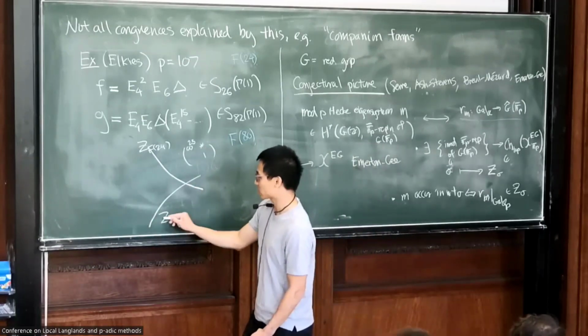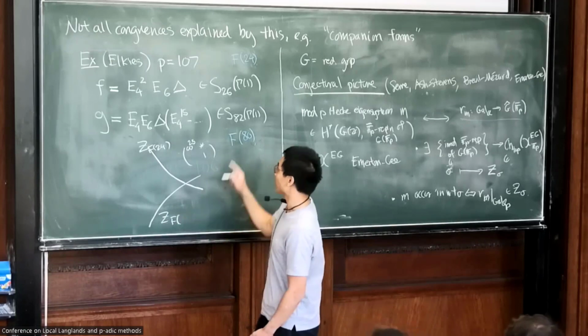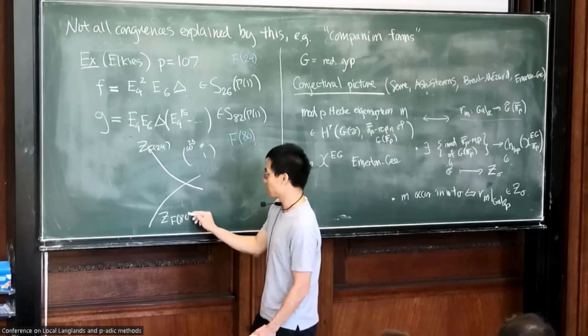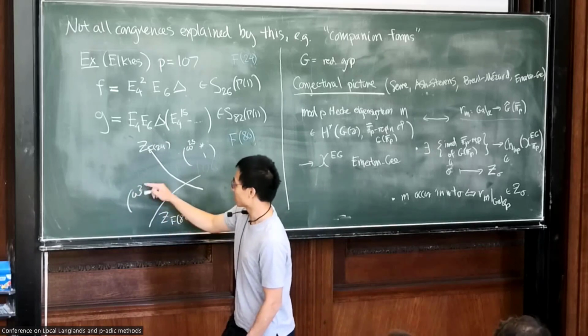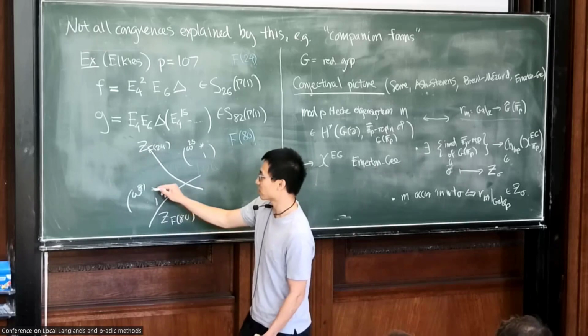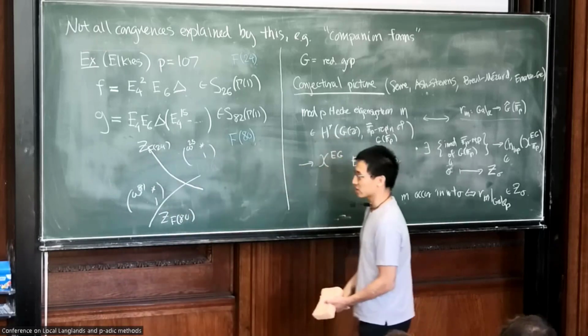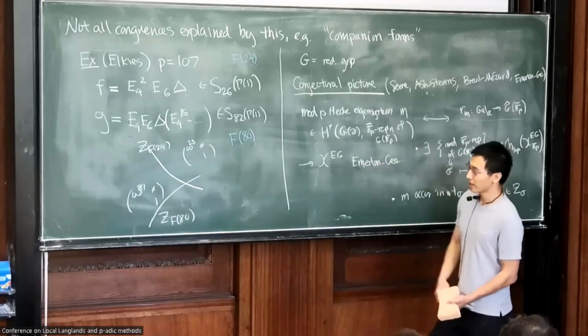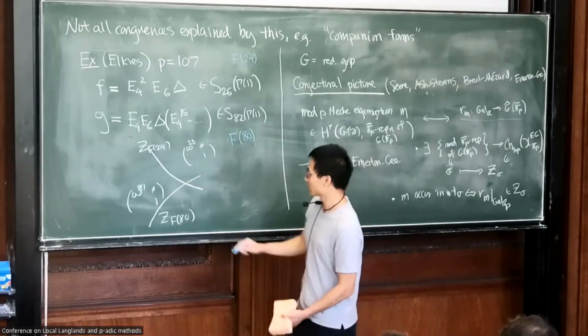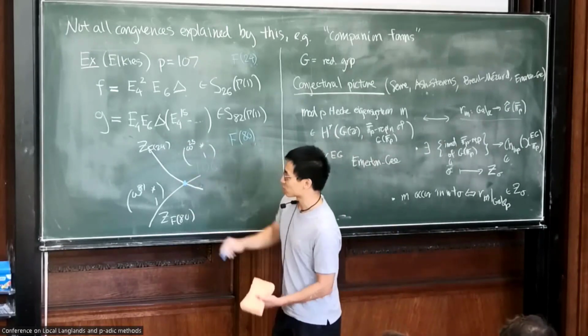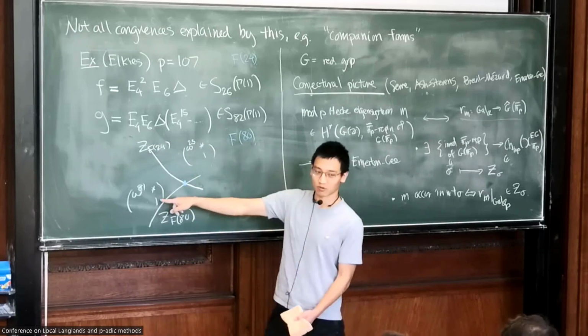And then the Breuil-Mezard cycle for this weight, 80, looks like an extension where this exponent is 81, omega to the 81, 1, and then usually some non-trivial extension. And so these two look different, right? But they intersect at one point, which is where this extension class is 0.